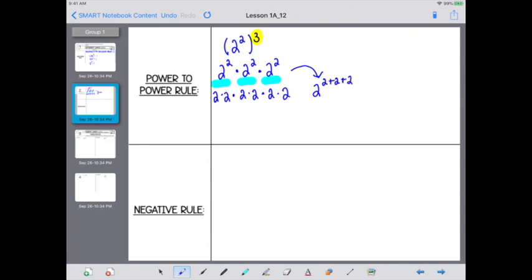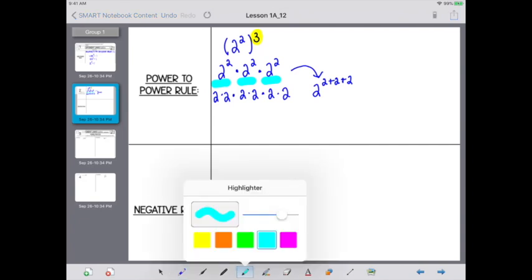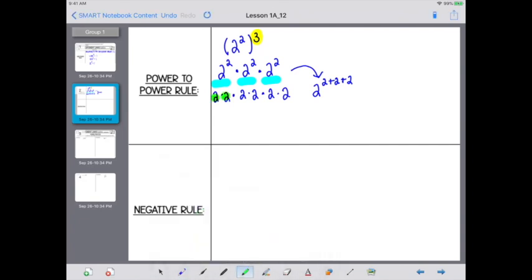Any which way you play that, you're going to get the same answer. So we have 1, 2, 3, 4, 5, 6. So we'd have 2 to the 6th power. Same thing here. 2 plus 2 is 4. 4 plus 2 is 6. So they are the same.